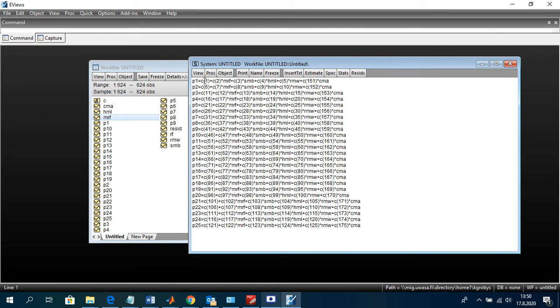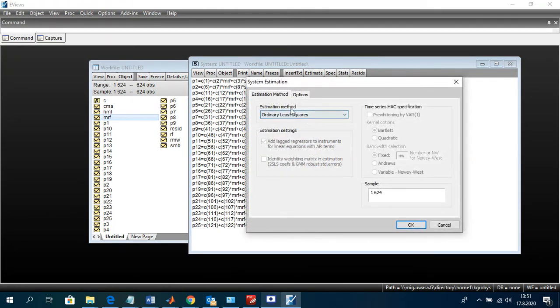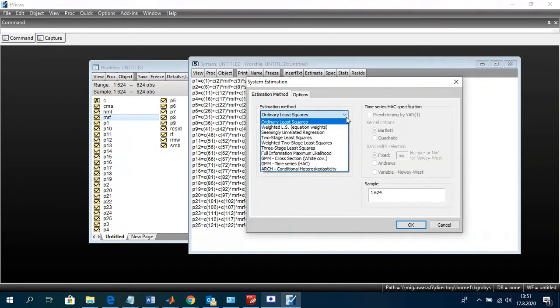Because of this cross correlation between equations, we have to take it into account, and that's why we have to choose the seemingly unrelated regression technique that accounts for this issue. So now we go on estimate, because our system is already defined, and here in estimation method, we have to plug in the seemingly unrelated regression technique.